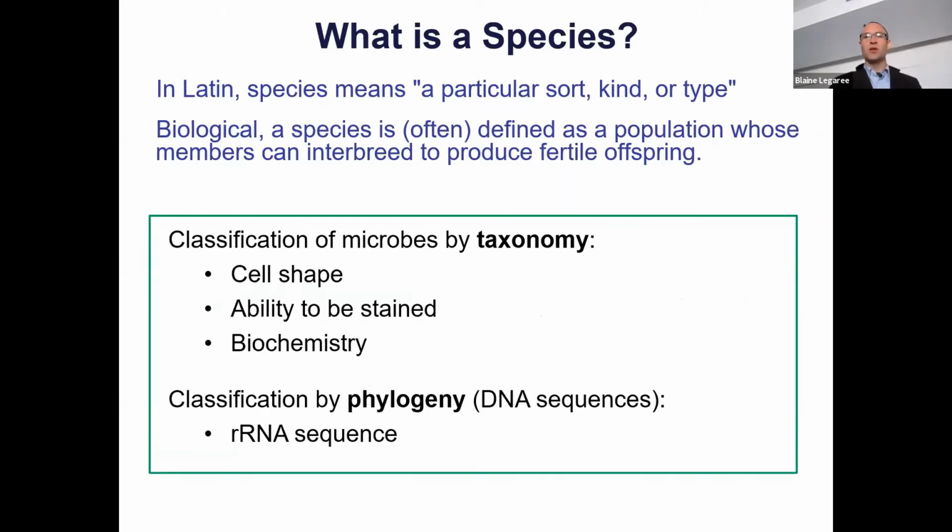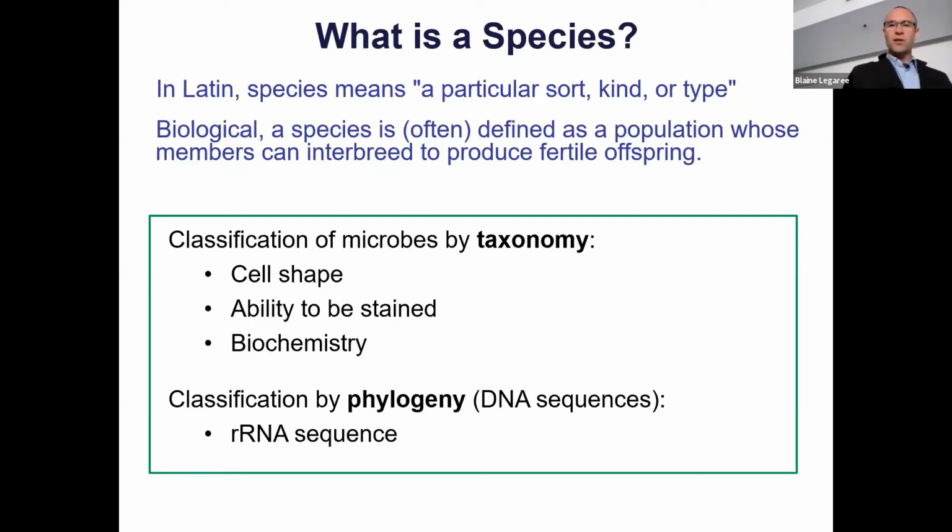For much of the organisms found in the biosphere, we can look at taxonomy, which is looking at characteristics. In a dog, that means has hair and canine teeth, etc. In microbes, we can look at other characteristics like cell shape. Does it stain purple or pink when you do a Gram stain? The biochemistry, what kind of phospholipids it has. We can only get so far with that. Thankfully nowadays we have many genome sequences, and we can use phylogeny.